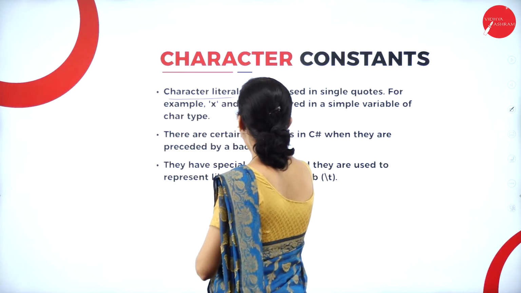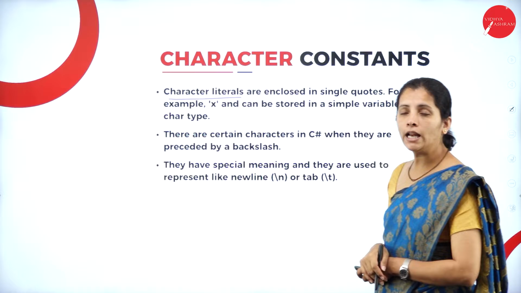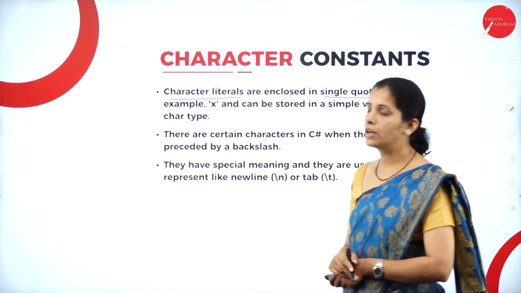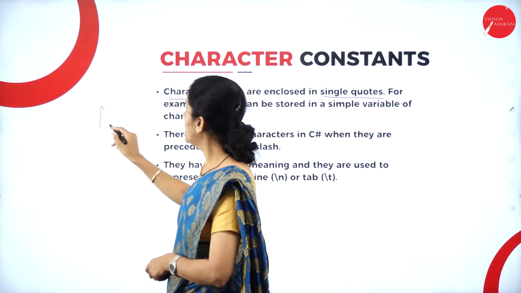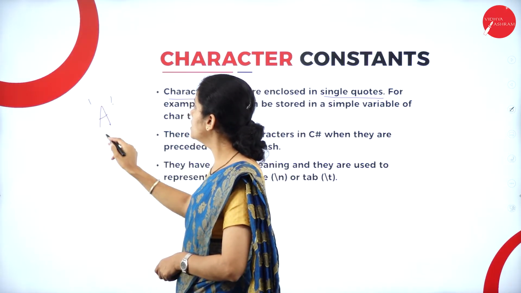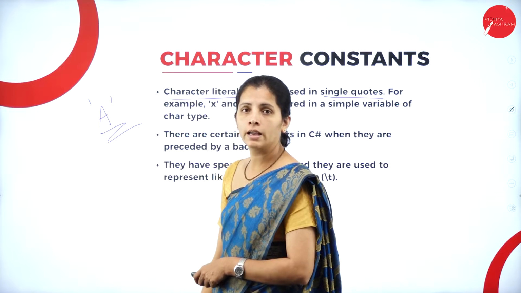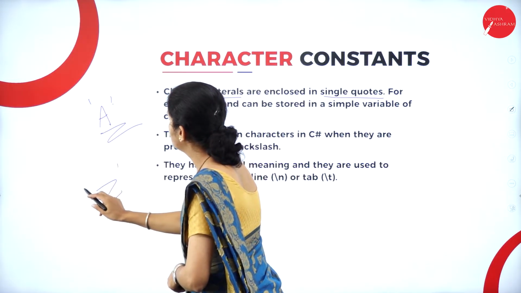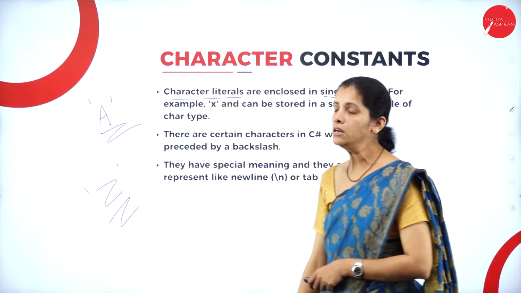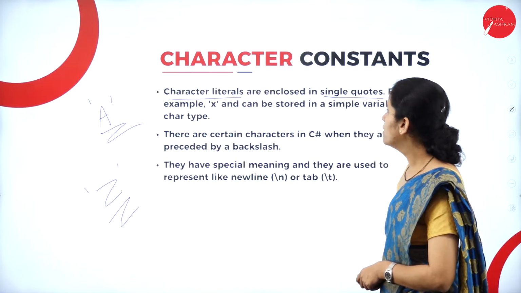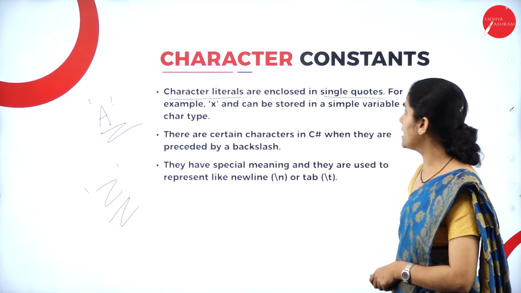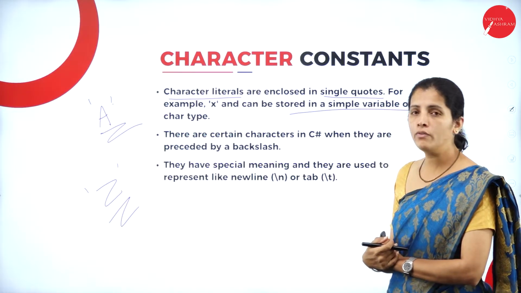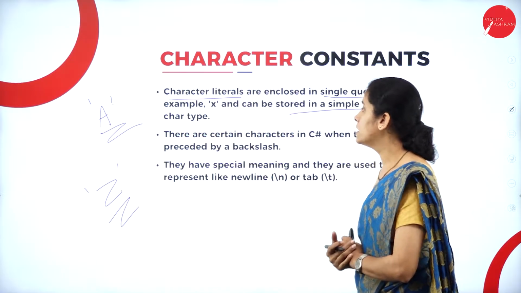So character literals are enclosed within single quote symbols. For example, if I write A within single quotes, then this is an example of a character constant. And if I write Z, this is an example of a character constant. For example, X can be stored in a simple variable of character type.